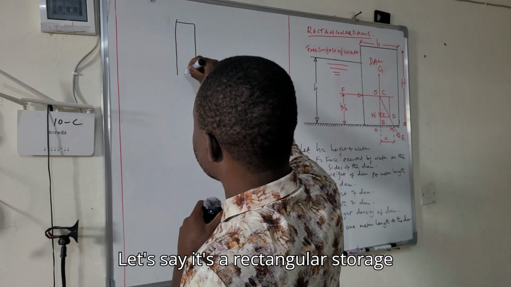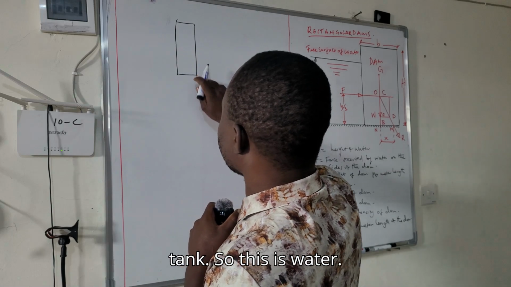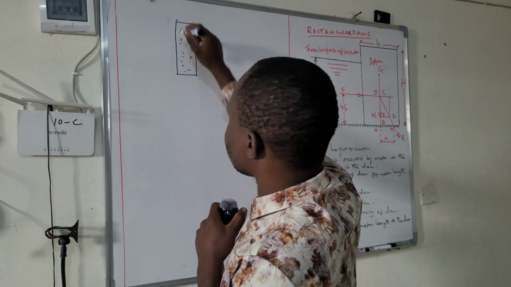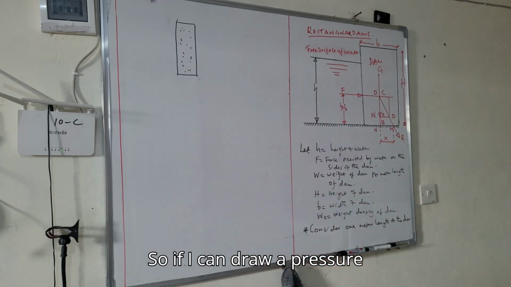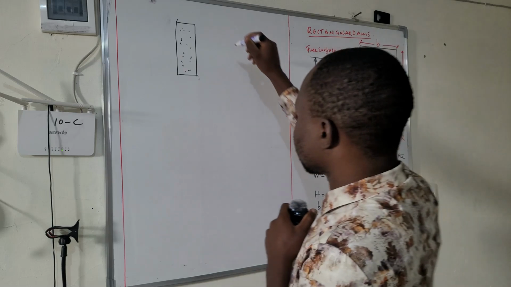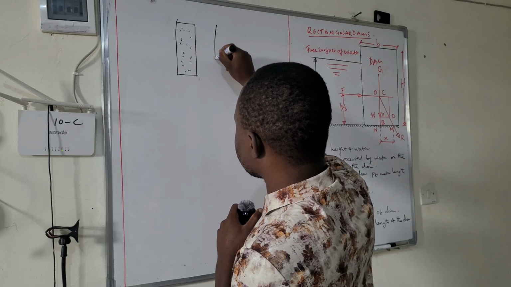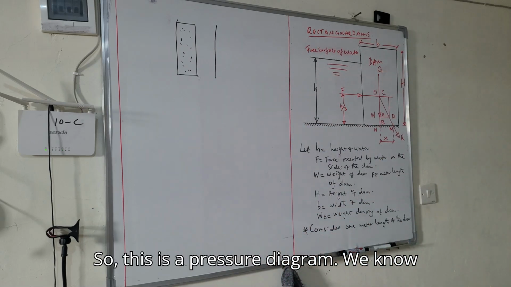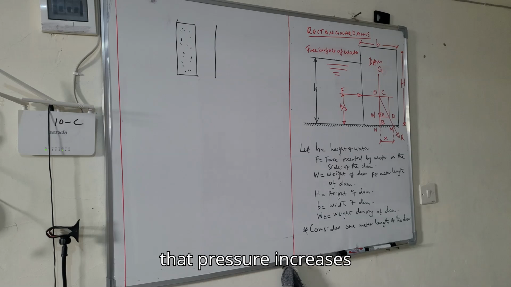Let's say it's a rectangular storage tank. So this is water. If I draw a pressure diagram, let me draw it here. So this is a pressure diagram. We know that pressure increases linearly with depth.